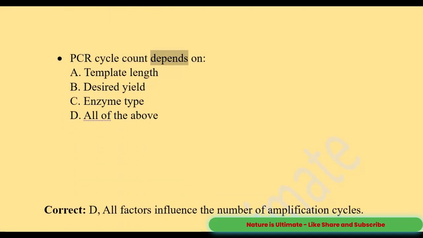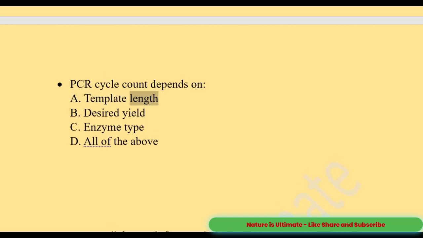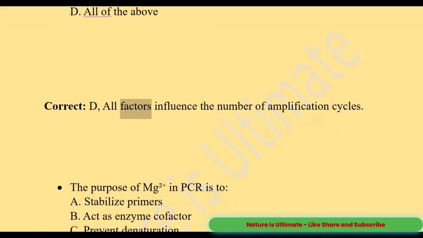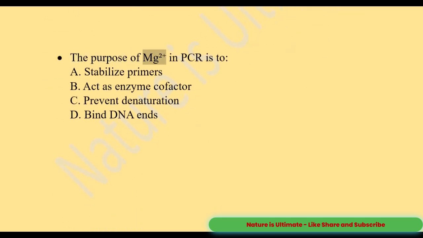PCR cycle count depends on A. Template length, B. Desired yield, C. Enzyme type, D. All of the above. Correct. D. All factors influence the number of amplification cycles. The purpose of Mg2+ in PCR is to A. Stabilize primers, B. Act as enzyme cofactor, C. Prevent denaturation, D. Bind DNA ends.